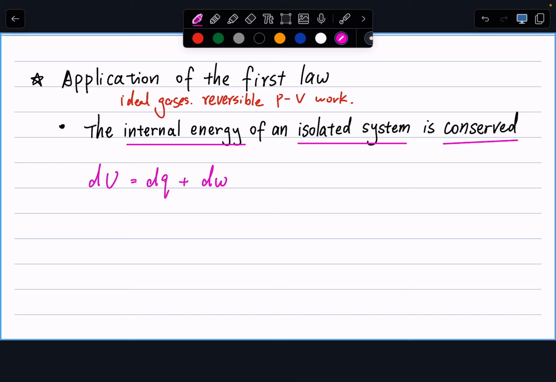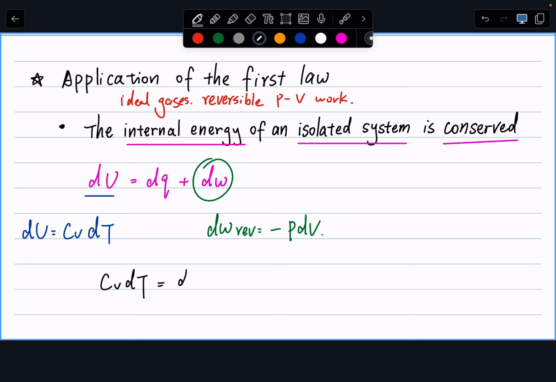Since we know something about these terms for ideal gases, for the dU term, from the definition of heat capacity, we have Cv dT equals dU. And for reversible PV work, we have dw reversible equals negative P dV. So we can simplify the first law for a system of ideal gases with reversible PV work to be Cv dT equals dq minus P dV.